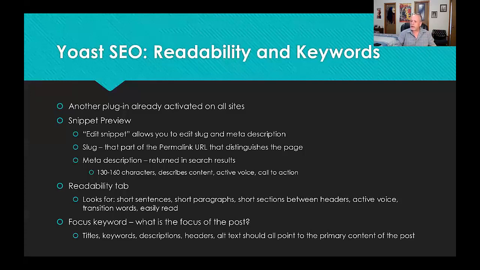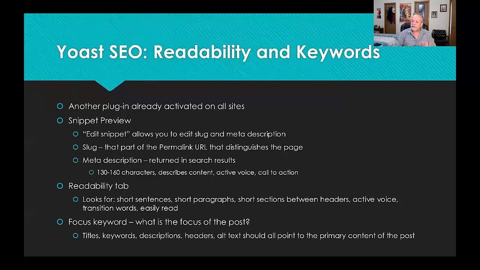After the snippet view, we'll look at the readability tab. This is going to give you metrics on a lot of cool things: short sentences, short paragraphs, if you have short sentences between headers, the active voice, transition words, how easily it is to read, how well you're using headers, and so on. A lot of metrics off the readability tab that we'll look at in just a second.